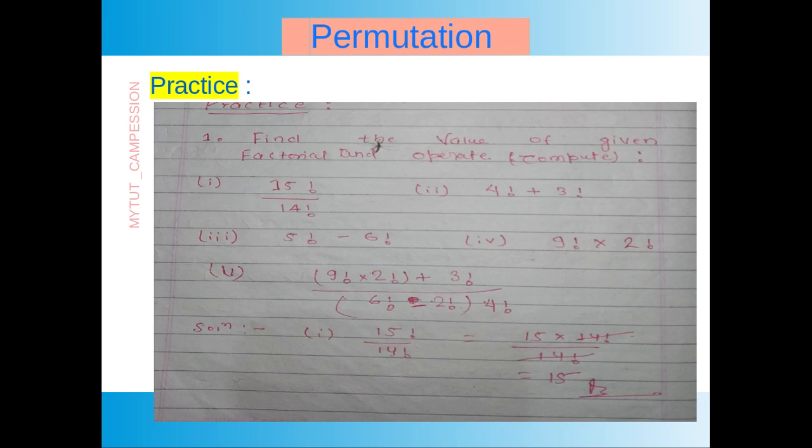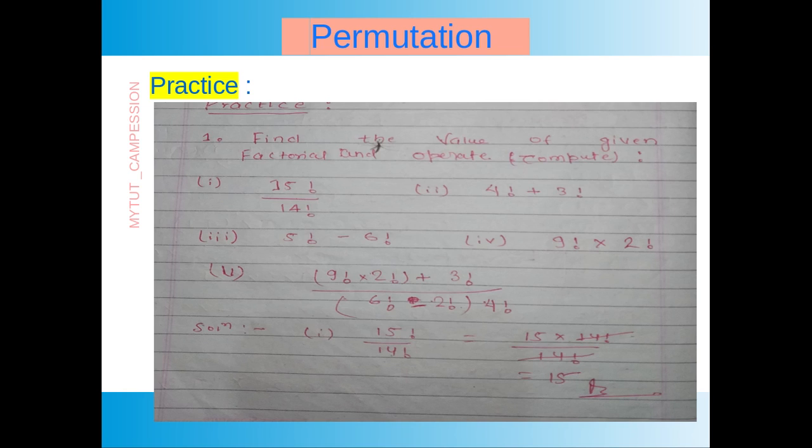Third question is 5 factorial minus 6 factorial, and fourth question is 9 factorial into 22 factorial. Fifth question is 9 factorial into 2 factorial plus 3 factorial divided by 6 factorial minus 2 factorial into 4 factorial.